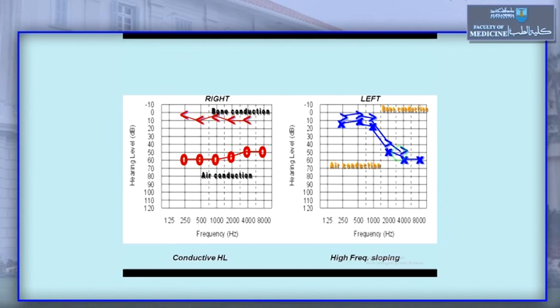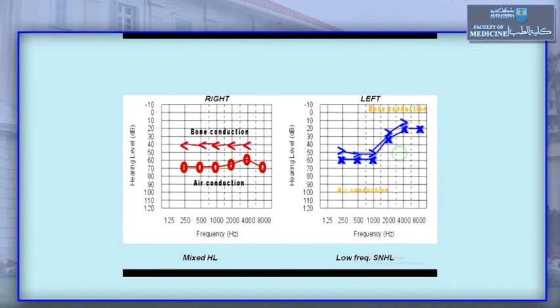Sound going through air conduction will be faced by the pathology, and sound going by bone conduction will be faced by the same pathology. So that's why the air conduction and bone conduction thresholds are shifted or increased by the same amount. That's a case of sensory neural loss.